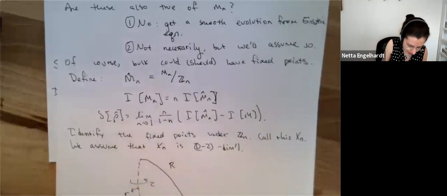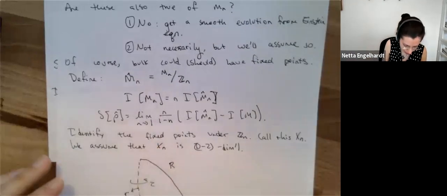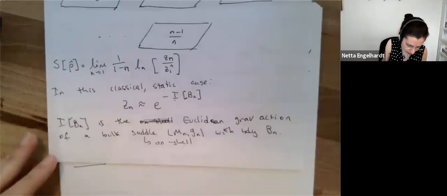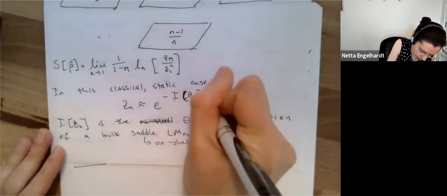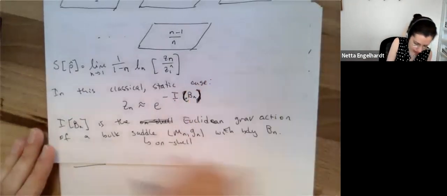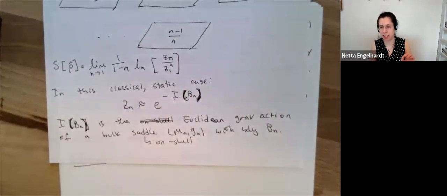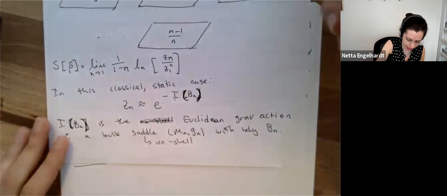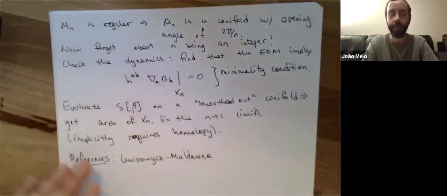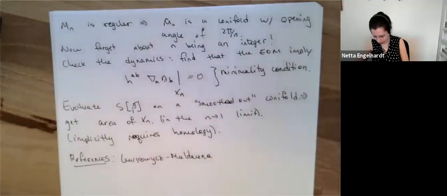And here I literally meant the action evaluated on Mn. You're right. I'm going to turn this into round brackets to denote that this is with boundary conditions Bn and not evaluated on Bn. That's a very good point, and I'll fix it with the rest of the notes before I upload them.